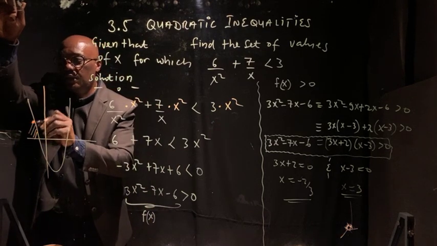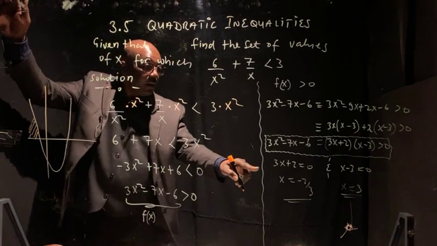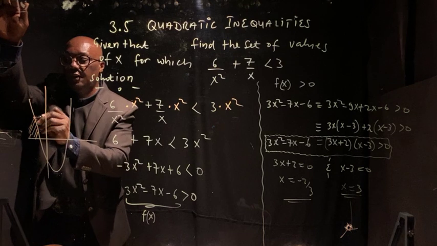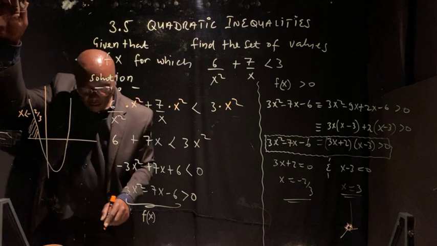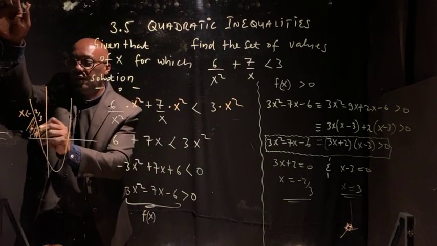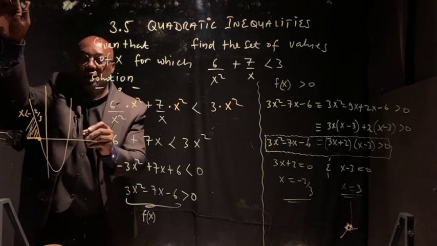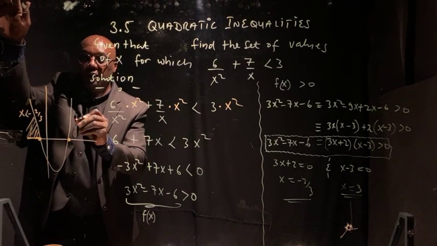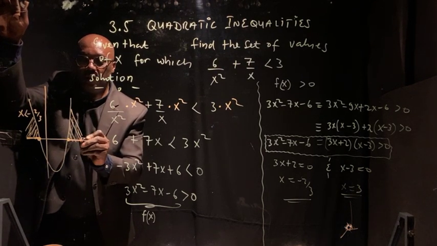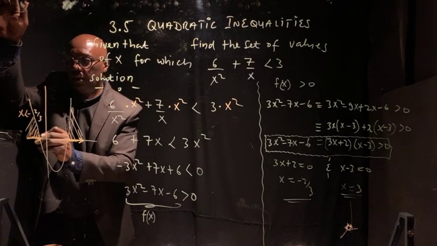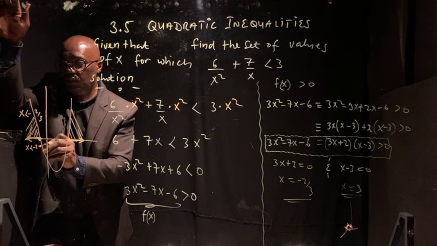This section is where x is less than minus 2 over 3. This section going this way, and this section going this way. This one going this way is where x is less than minus 2 over 3.